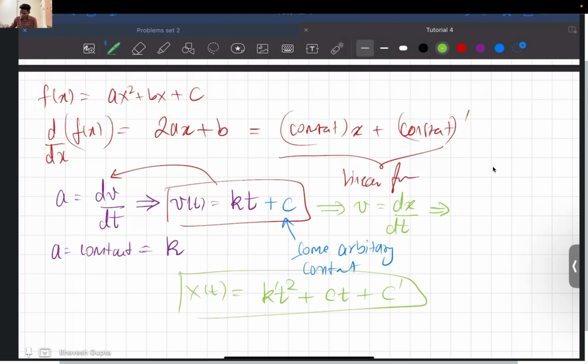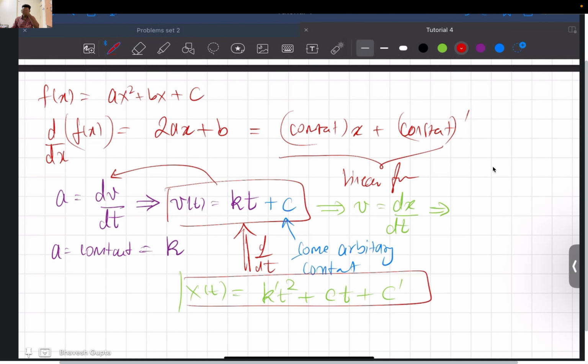Because the moment you take a derivative of this, we'll end up with the velocity. Just take a derivative with respect to t, sorry, I wrote x earlier but I mean t, and you will end up with this particular expression, and taking a derivative again, we'll get acceleration as a constant.